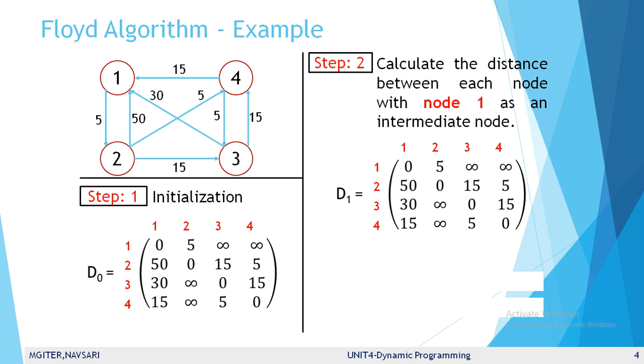Continue in this fashion. We will compute the D(n) containing the length of the shortest path through the intermediate vertices, so we get the all pair shortest path from matrix D of n. Here we take the intermediate vertex as 1.